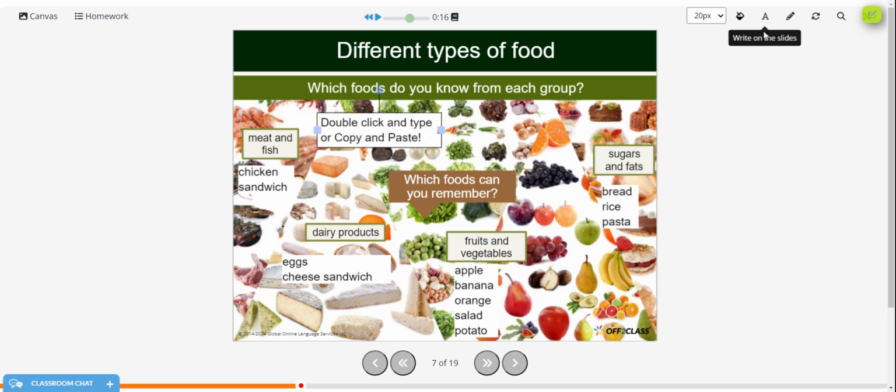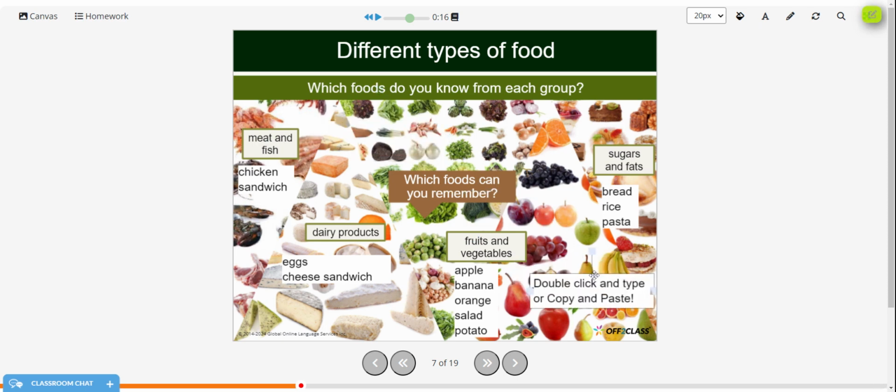I'm going to start another box here. Beans. Beans, I think, would go under vegetables. Cheese.